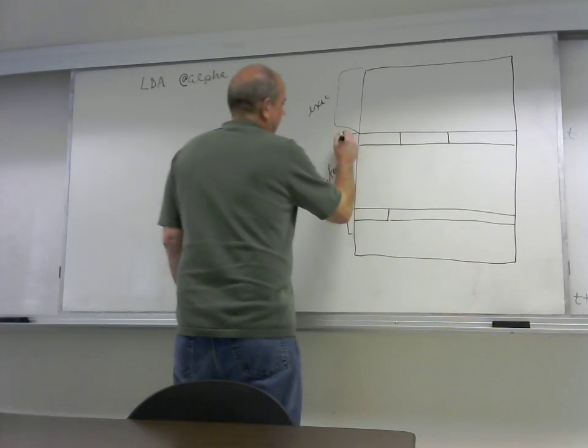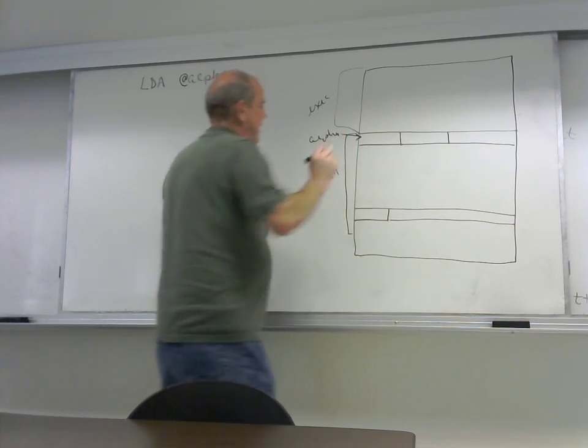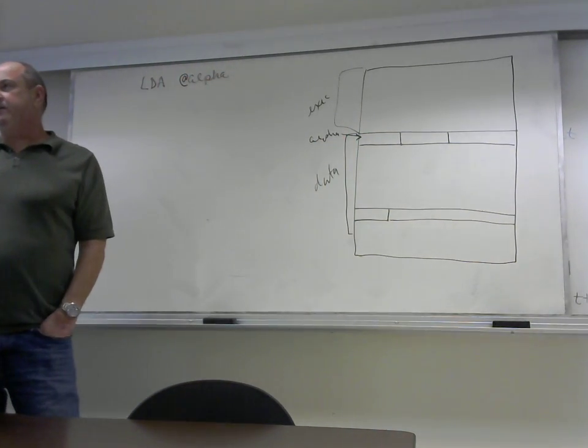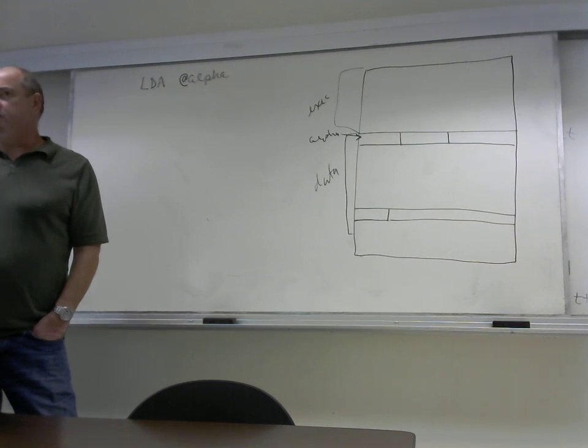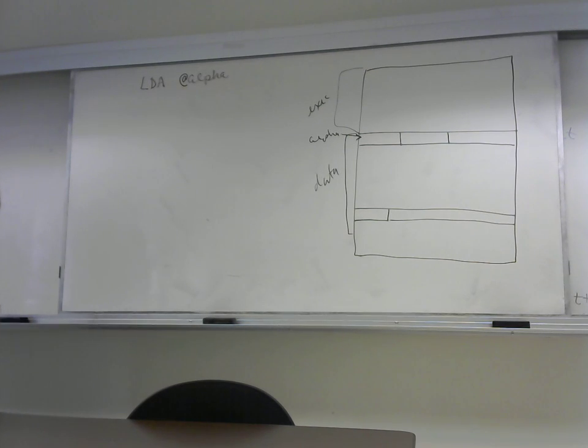Obviously, I want to make a distinction here. If this is alpha, then alpha means the starting address of that chunk. That alpha does not refer to a whole chunk of memory. And it's important to make that clear distinction. Sometimes students confuse variables and labels.